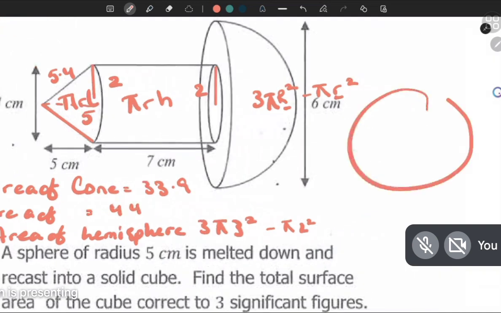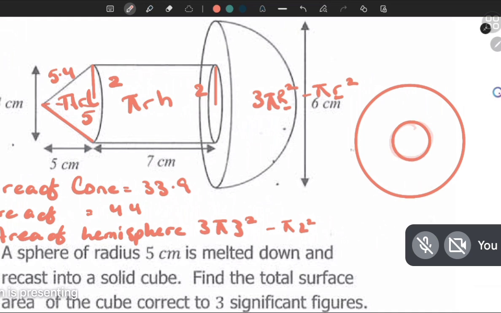This is why I wrote small r here and large r here. What is happening is you have two circles and then you have another smaller circle which is inside. So we are subtracting this circle from the larger circle. Which gives you 72.3. So when you add these, you get 150.2.